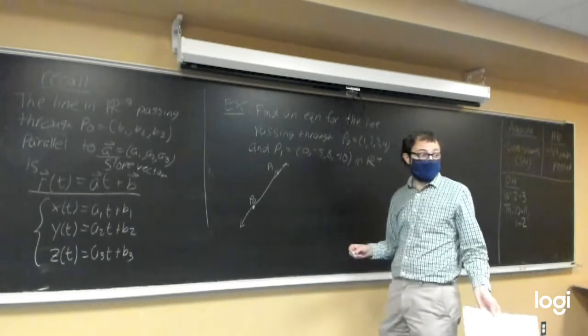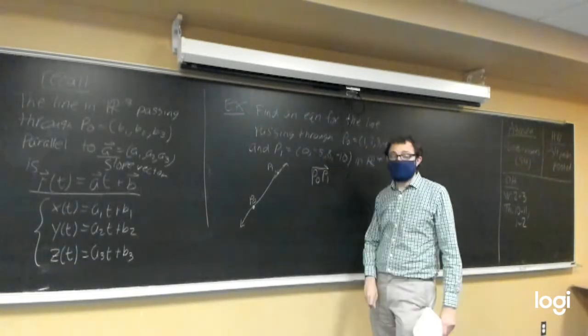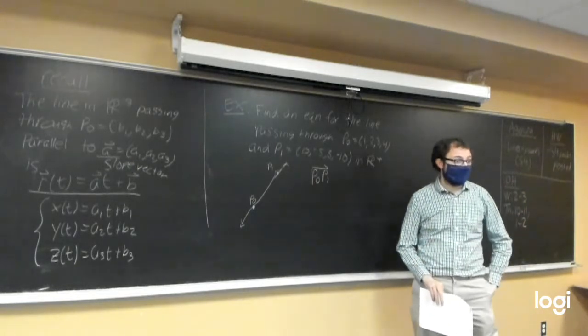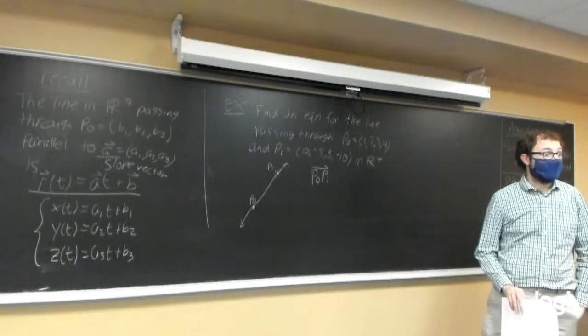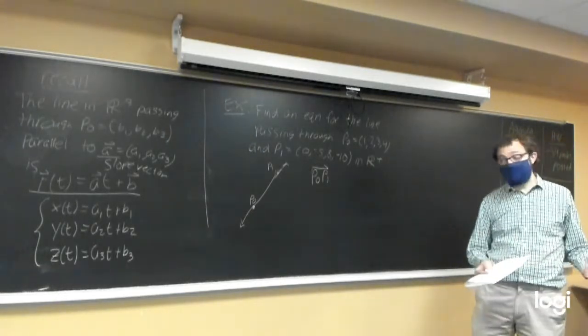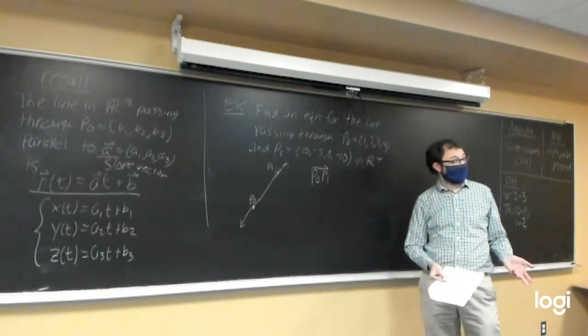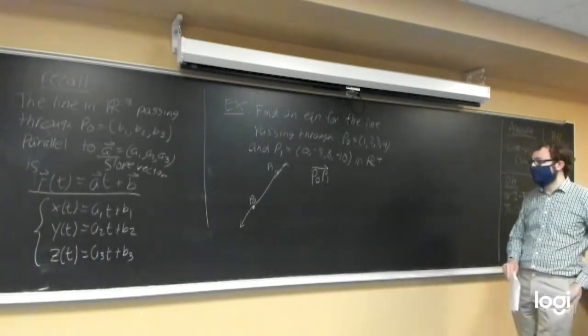Okay, so you want to find the displacement vector from P naught to P1. And what would that do for us? That would give you the direction that the line is in. So it sounds like you're proposing we use this displacement vector, P naught P1, as our slope vector? Yeah. I like it. Let's see what happens.